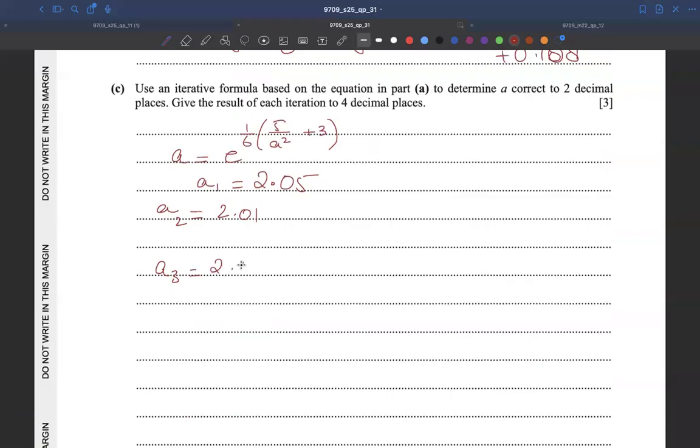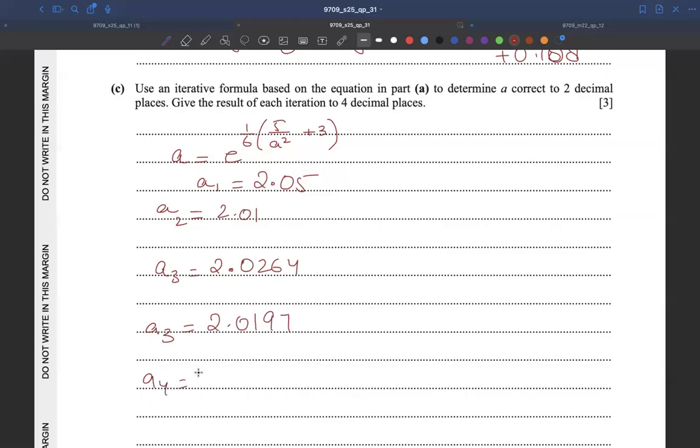So 2.0264. And we'll have to substitute this exact value into the equation again. So substituting this over here, we square 2.0264 and we get 2.0197.